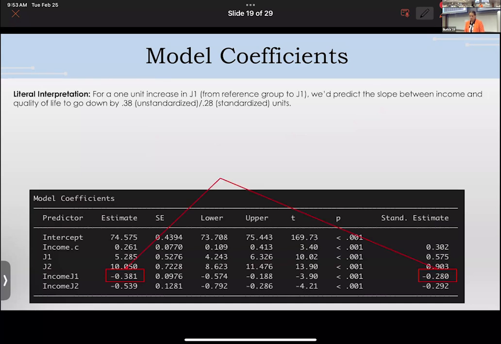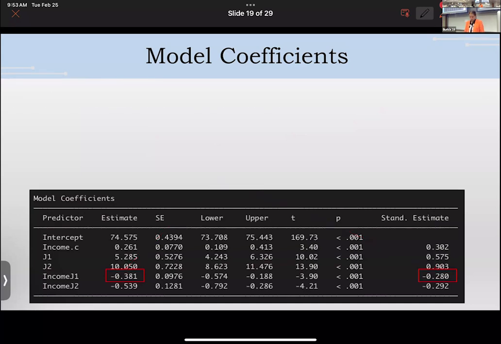Cool. So here's how we would interpret it. Now, remember that moderator terms are interchangeable, right? They're income times J1 or J1 times income. So I have to decide when I'm interpreting whether I'm going to say for a 1 unit increase in income, this is how the relationship between J1 and quality of life would change, or for a 1 unit increase in J1. How am I going to choose? Based on your model or research question?